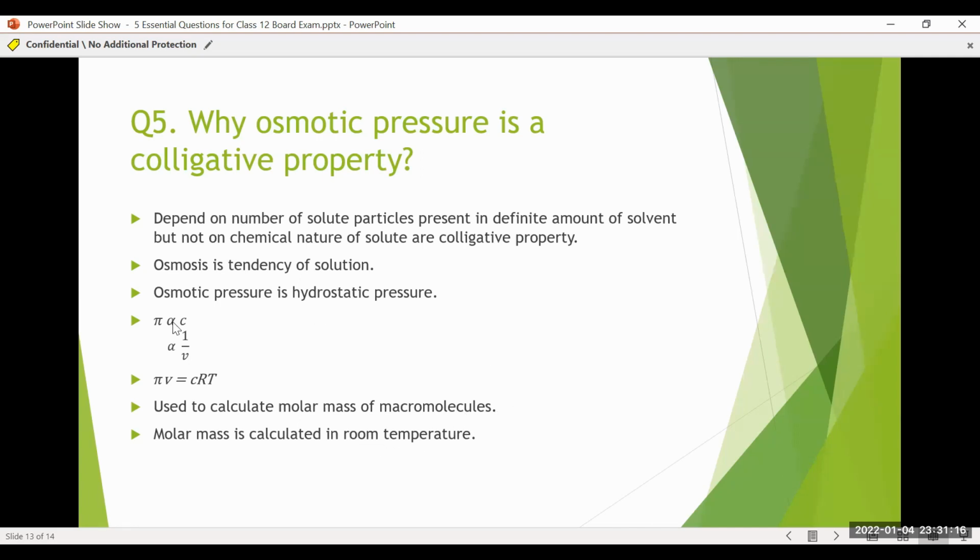So this is the advantage of the osmotic pressure term for determining the molar mass of a macromolecule.